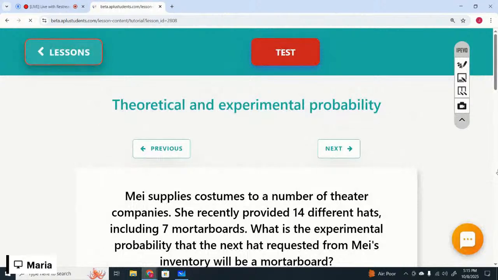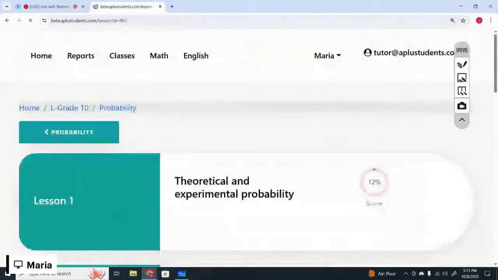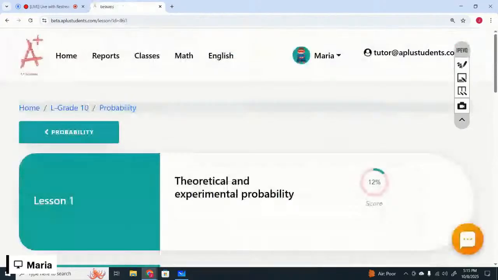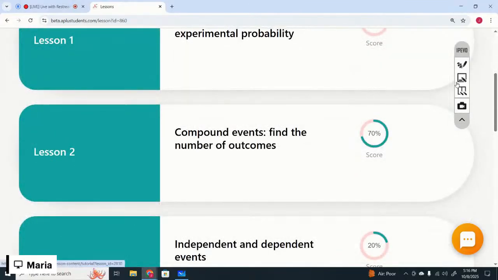The next lesson is compound events. Find the number of outcomes.